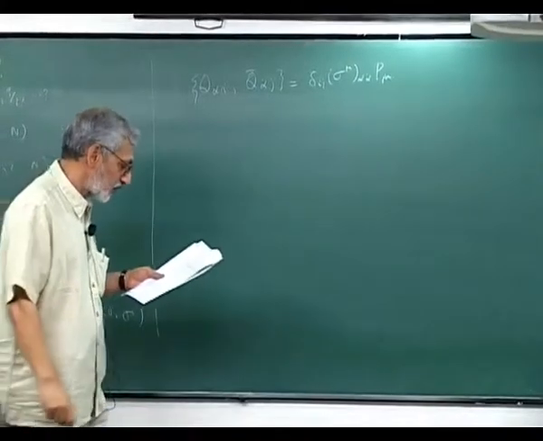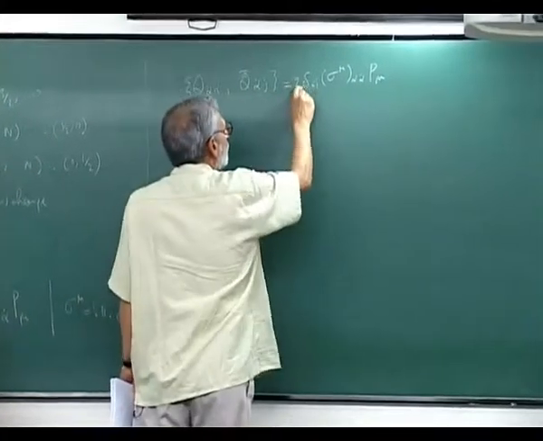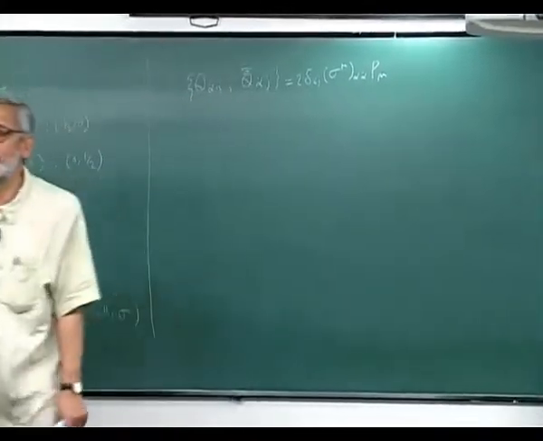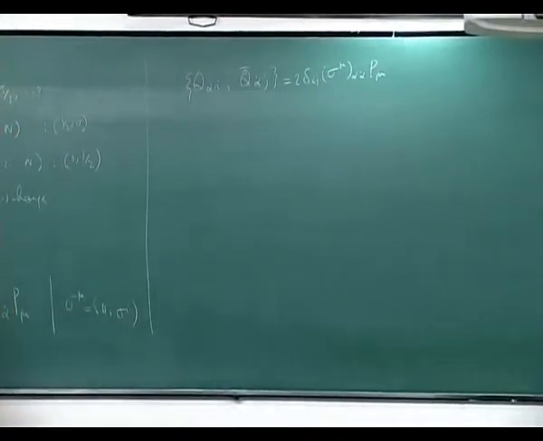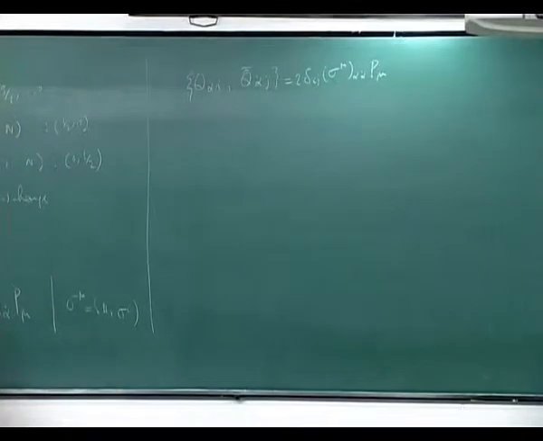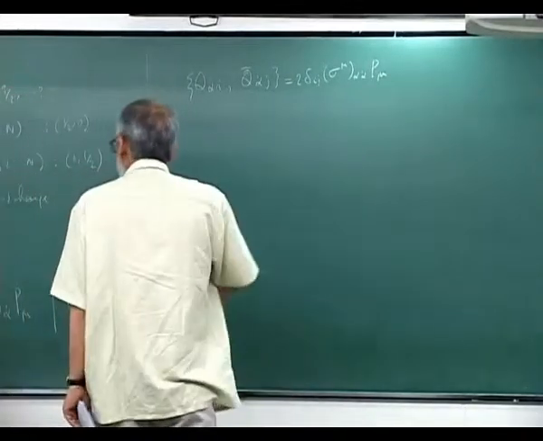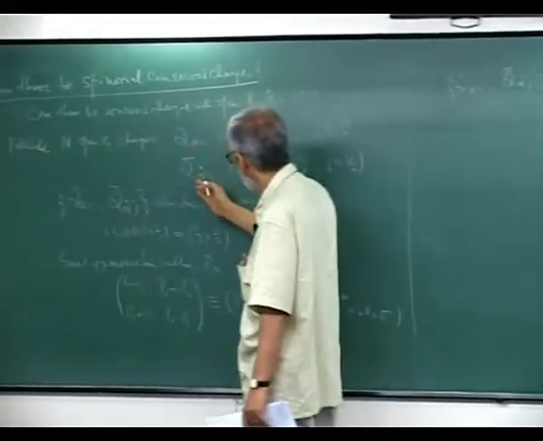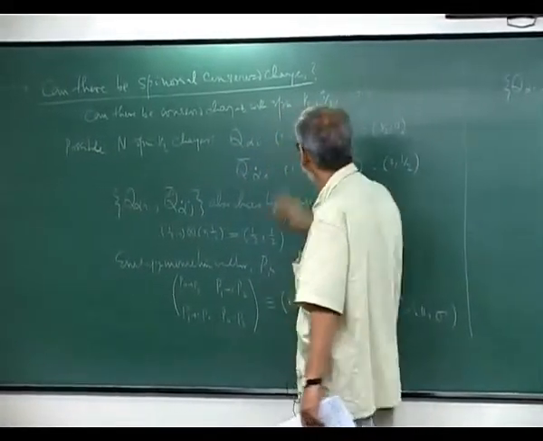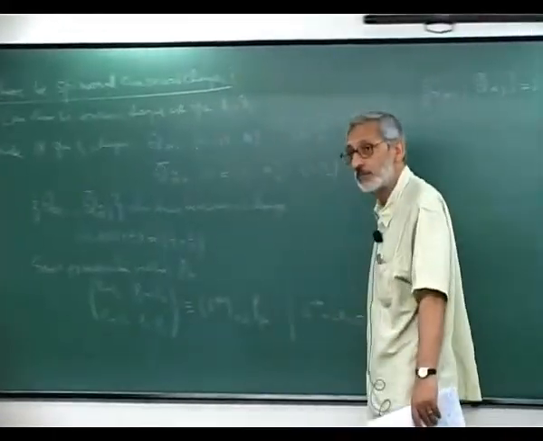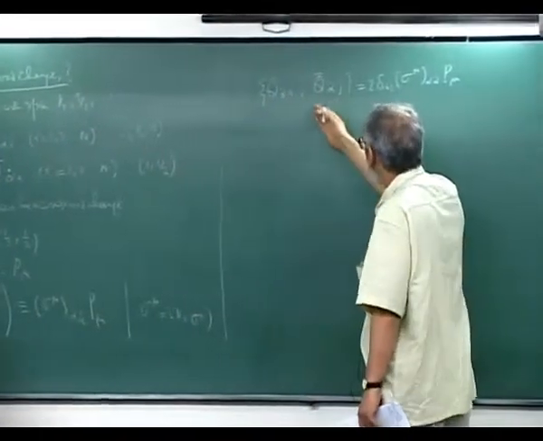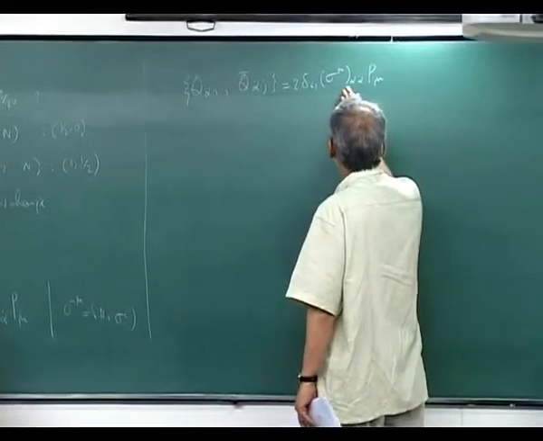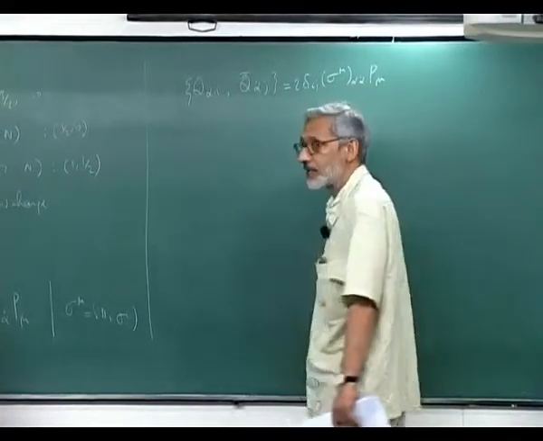And then for some convenience we put a numerical factor 2. That's a convenient normalization. So if at all there are spin half charges Q alpha and Q bar alpha dot, and if they are n in number, then their anti-commutator should be proportional to P mu through this object.